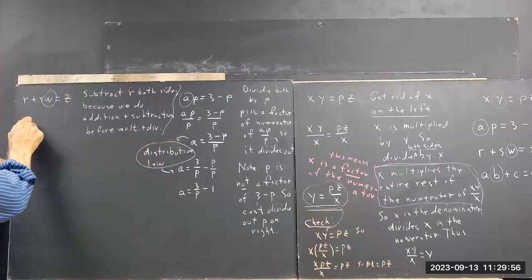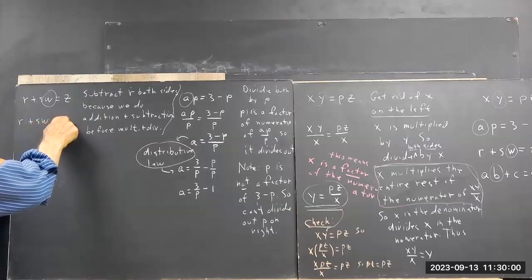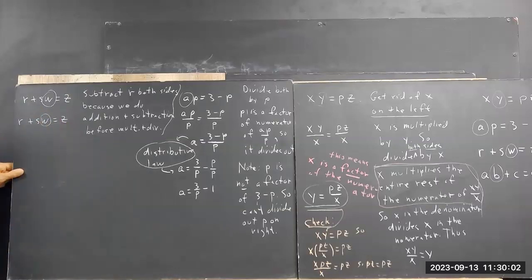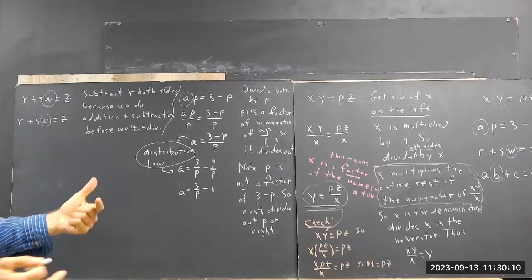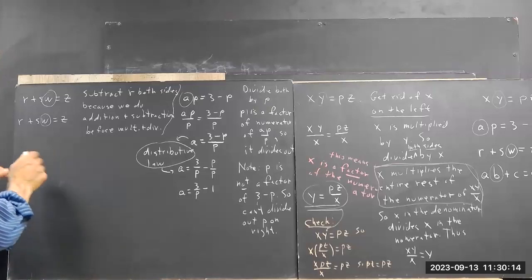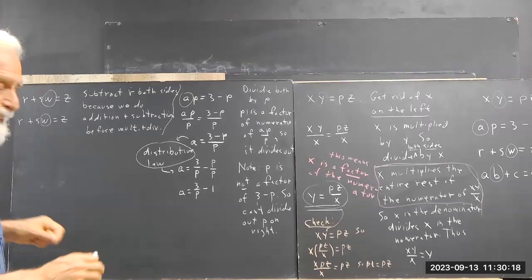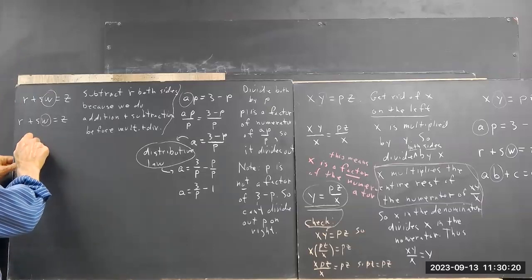So we have R plus SW equals Z. I don't like to write it out the way I'm going to write it out, but it's a habit everybody has. And I found out yesterday there's an even worse thing that happens when people do this. So I really don't like this. I was kind of okay with it until yesterday. And I saw people doing stuff that just can't be done.